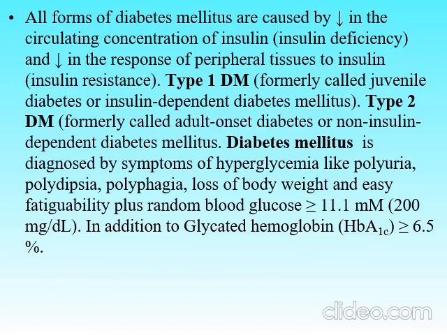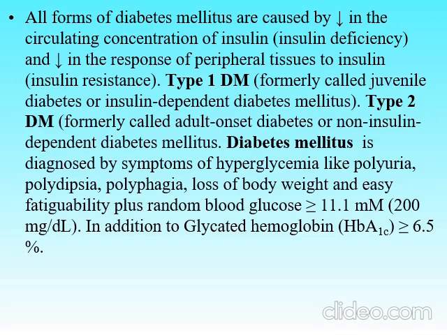All forms of diabetes mellitus are caused by a decrease in the circulating concentration of insulin, meaning insulin deficiency, and a decrease in the response of the peripheral tissue to insulin action, meaning insulin resistance. We have two types of diabetes mellitus.